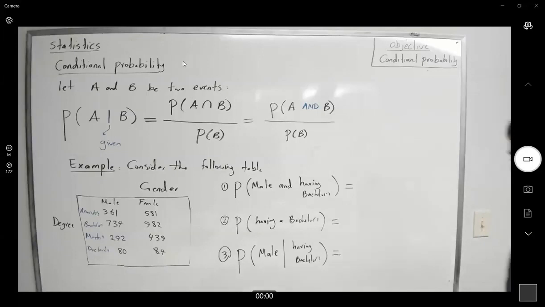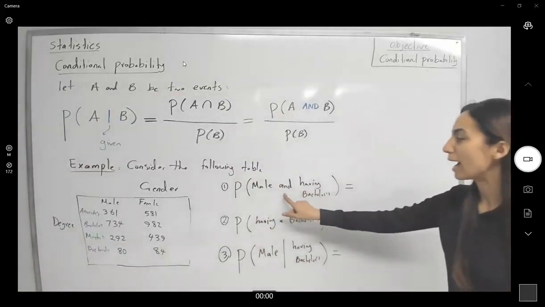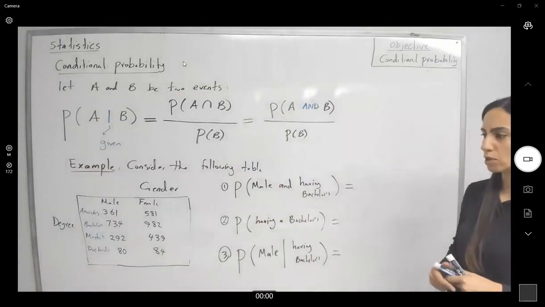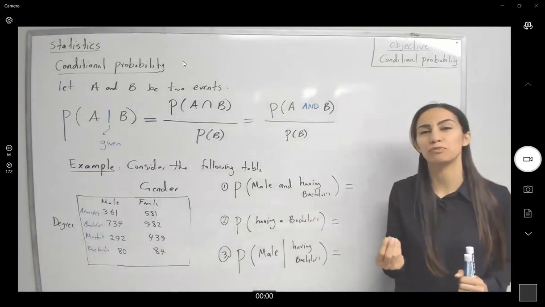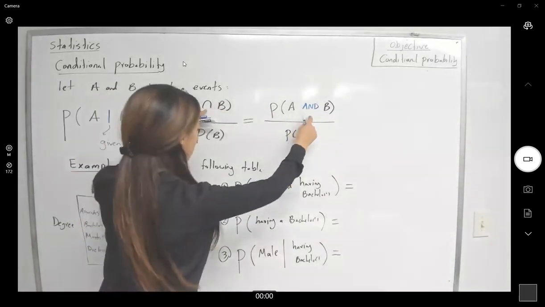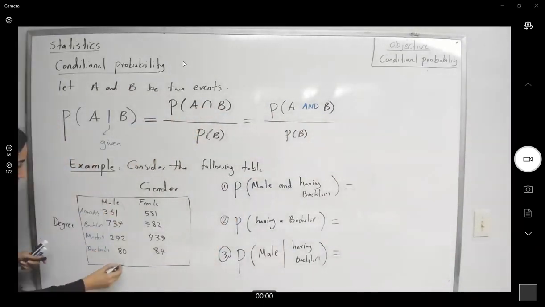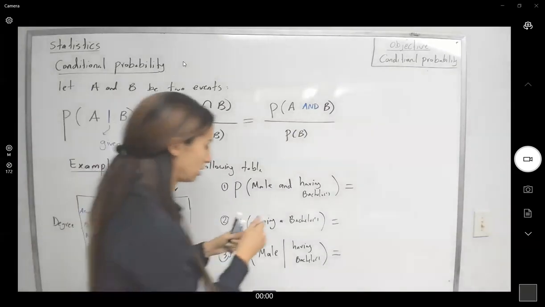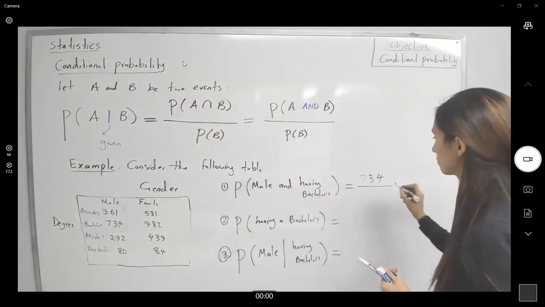So what do we have here? The question says male and having bachelor. You're looking for the intersection between them. Remember, "and" represents the intersection. Being male and having a bachelor, well, this is my numerator, 734. Out of what?